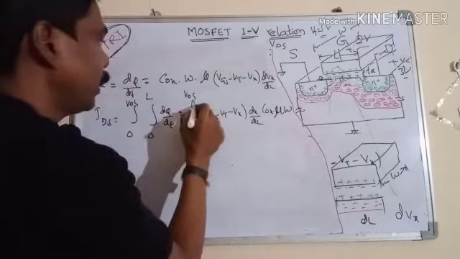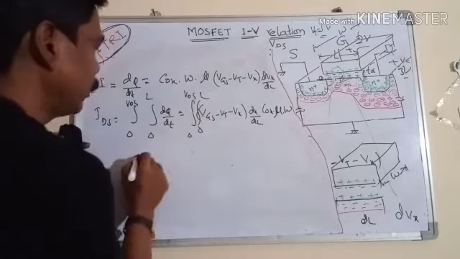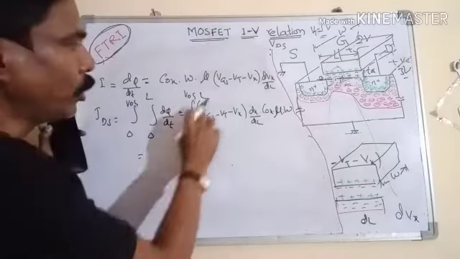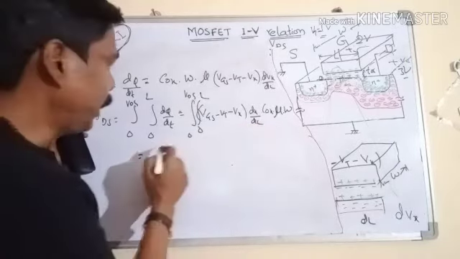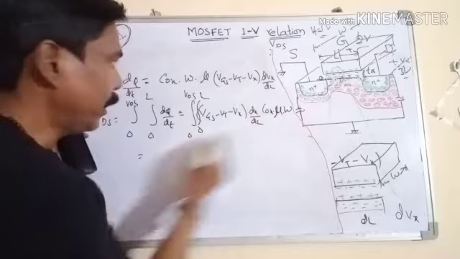Okay, so integral 0 to L. So that is equal to, when you integrate from 0 to L with respect to dl, that becomes L only. So that becomes, divided by L. So we can take it out.